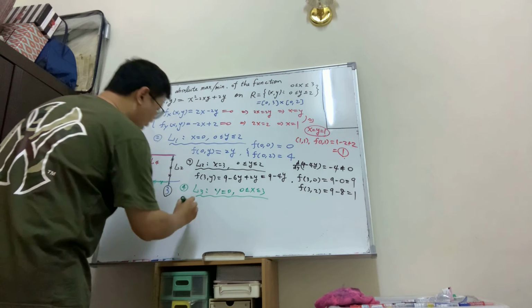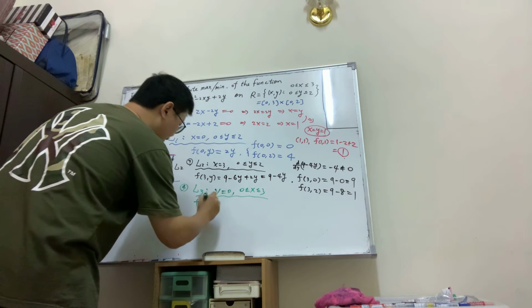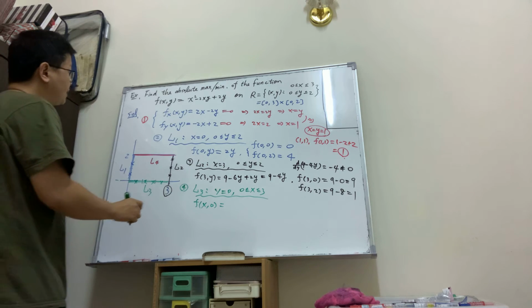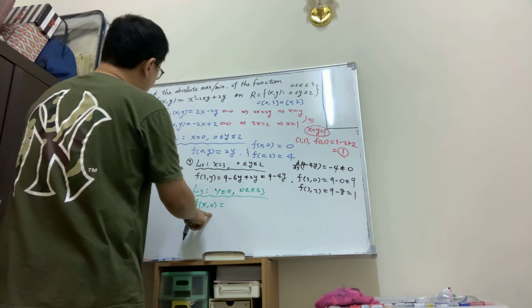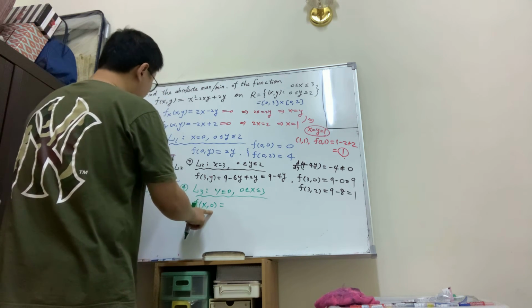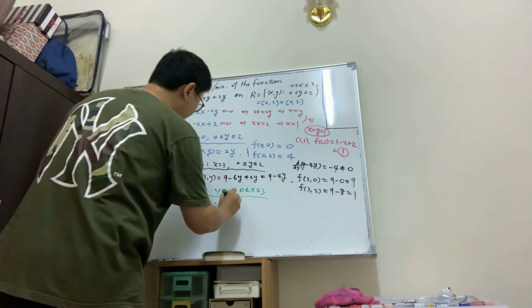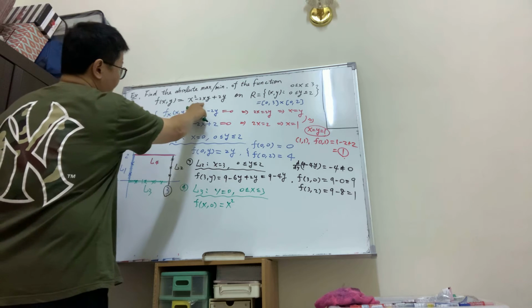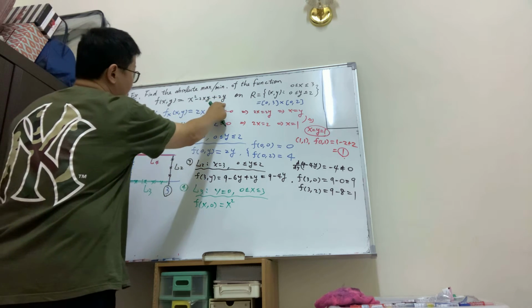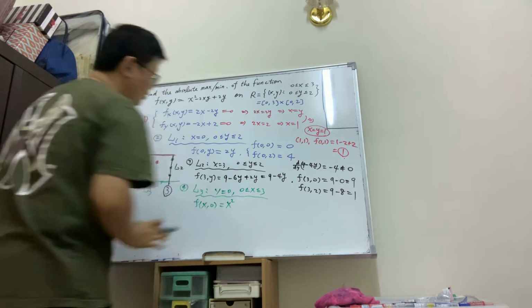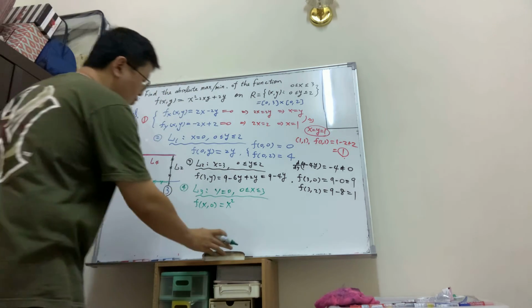Now let's plug in: f of x, 0. So we plug in the value 0 for the variable y. So it's x squared subtract 2x times 0, which is 0, plus 2 times 0, which is 0, so just x squared. And x is between 0 and 3.